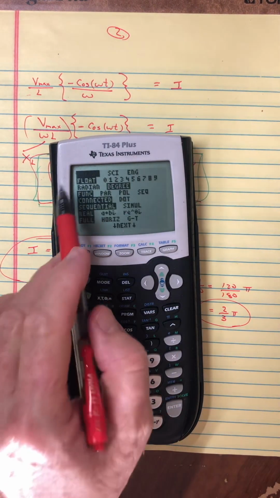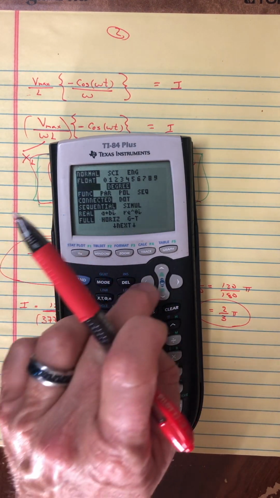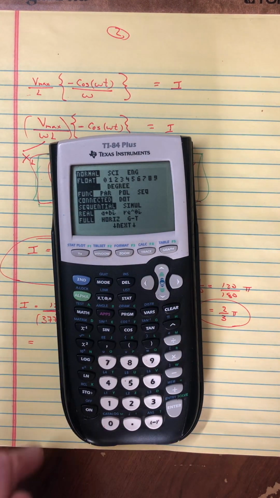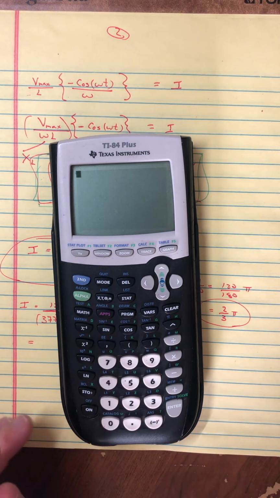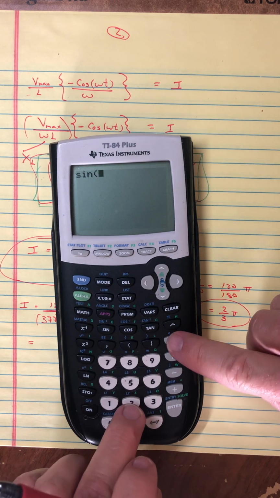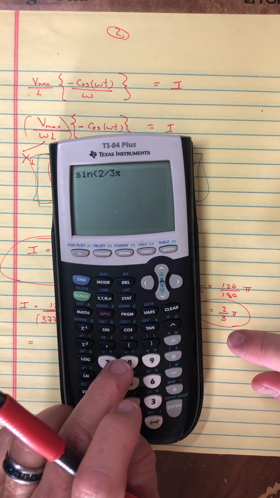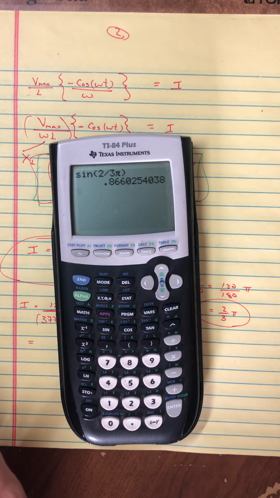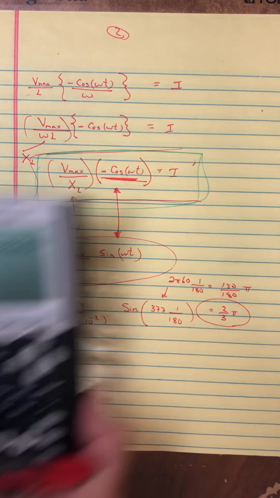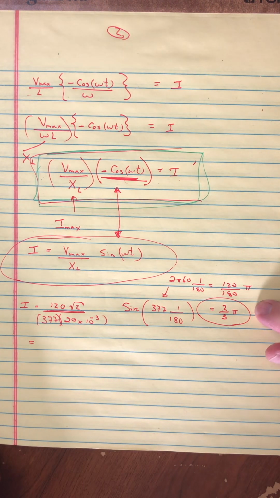Let me check the mode in my calculator. Yeah, let me switch over to radians. And so I will go sine 2/3 of a pi. And yeah, it should be, what, 120 degrees. So that's, yeah, root 3 over 2. Okay. So that's what this factor is.